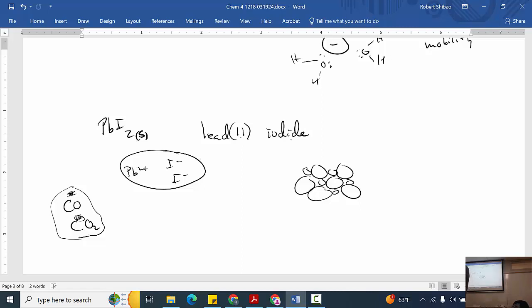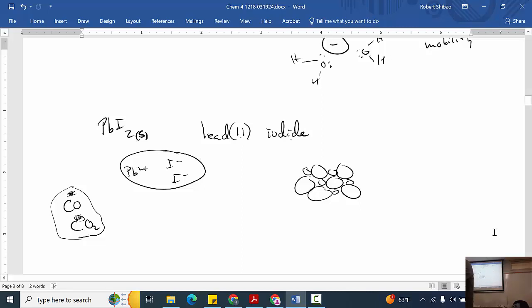And it's also a heavy metal, so I don't want to touch it. And it's a powder, so I don't want to sneeze here. If I sneeze here, I'll just create a dust cloud of lead 2 iodide, which I don't want. Lead 2 is much more common than lead 4, so if you just see lead iodide, it's most likely lead 2. So they didn't name this properly. It should be lead 2 iodide.